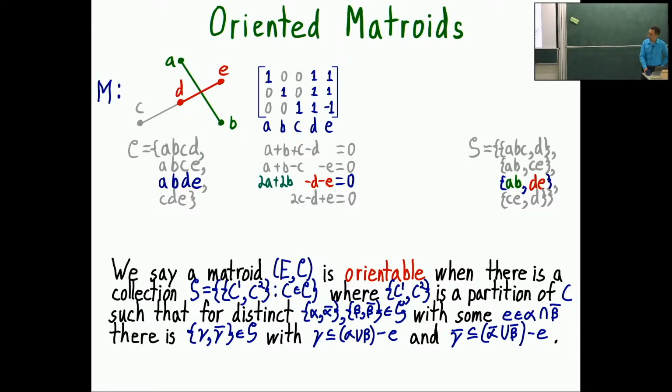So having a linear dependency like this means that the convex hull of both sides in this affine representation have to intersect. There's some combination of A and B that will be common with D and E in this case.